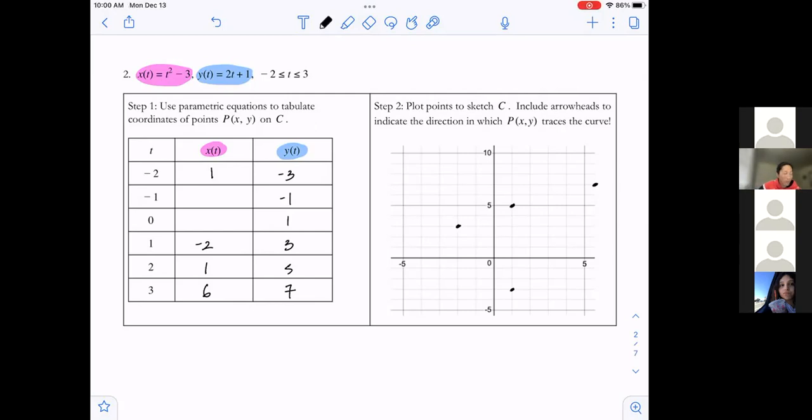And 1, -2, -3. Thank you, Melissa. And we've got -2, -1, and -3, 1. All right. Nice, nice.